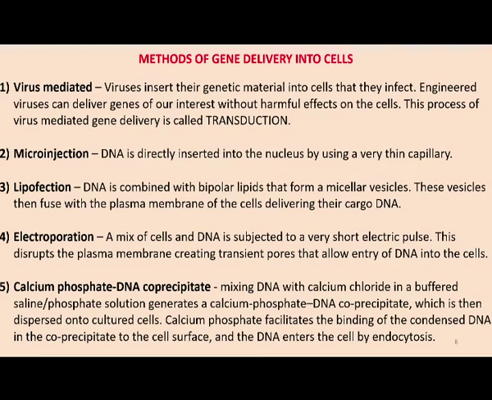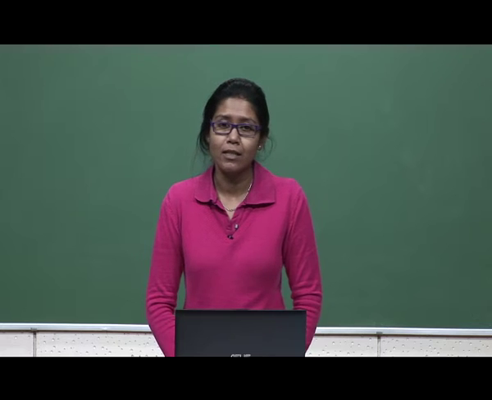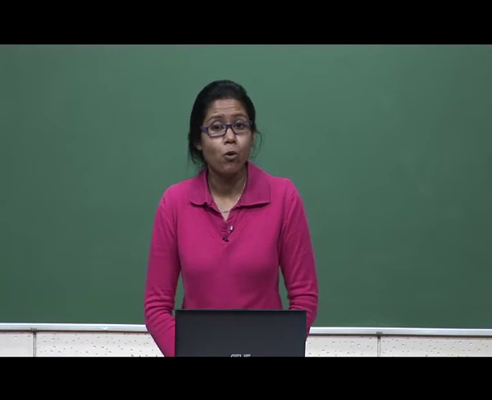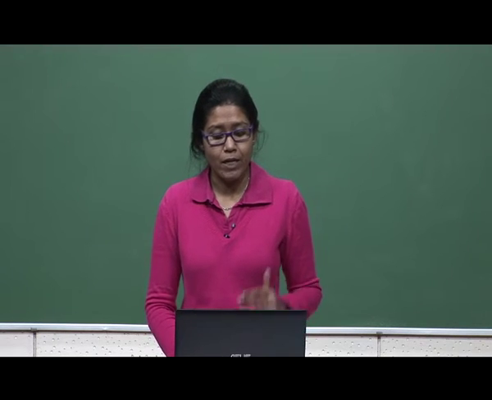Now, the last method that we are going to talk about is the calcium phosphate DNA co-precipitation method, and it is very widely used. It's a very cheap method to do, easily can be used for bulk samples, but however not all cell types can be very efficiently manipulated by this method.